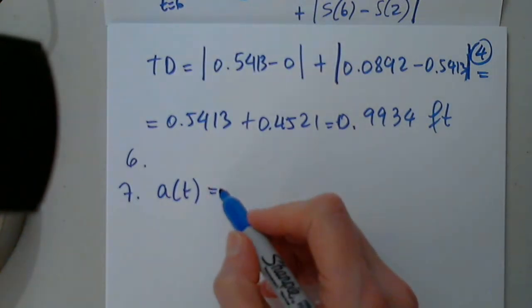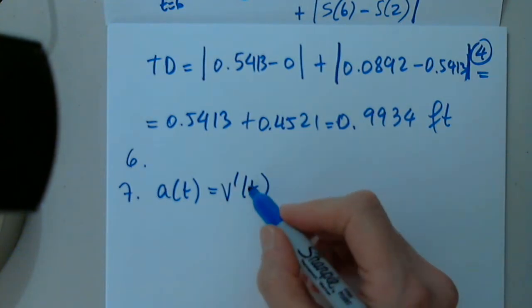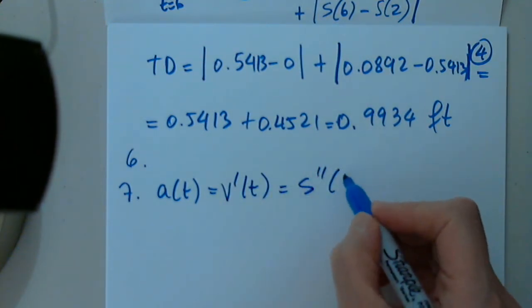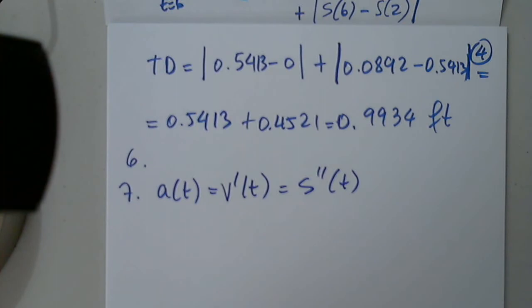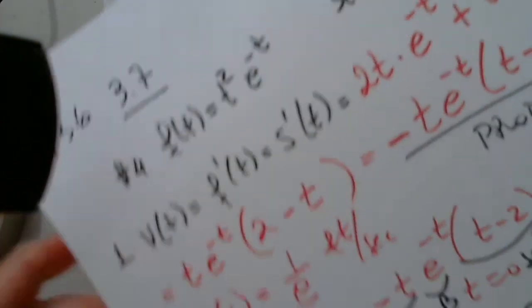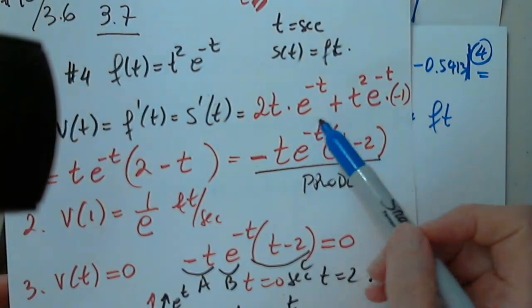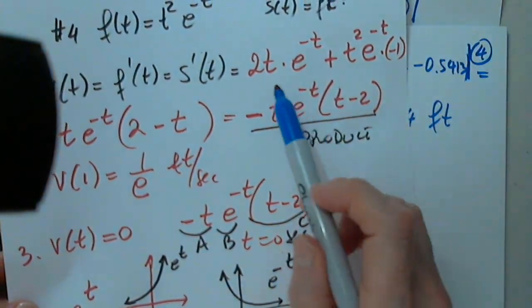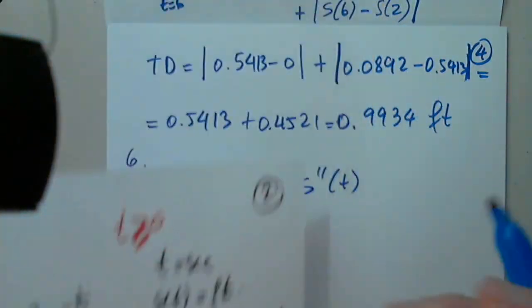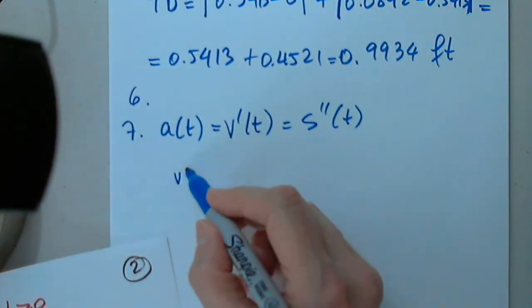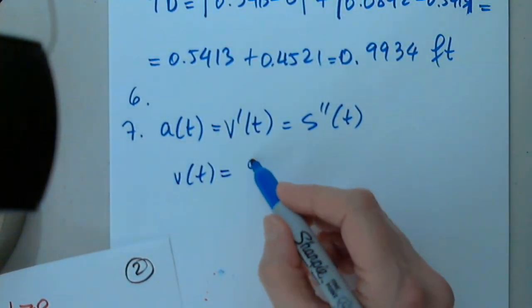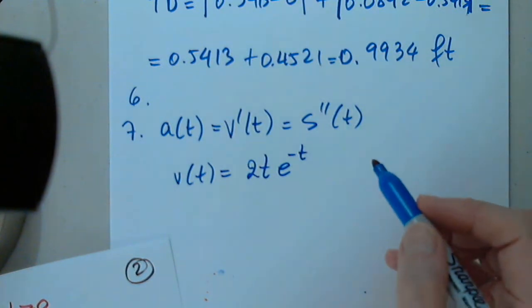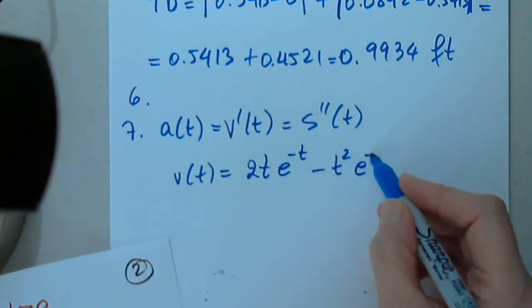Yes. So is it the first derivative of the velocity or the second derivative of the distance? Awesome. 100 pages ago, I had the derivative here. I don't want it factored now. I want this. So I'm going to copy v of t as 2t e to negative t minus t squared e to negative t.